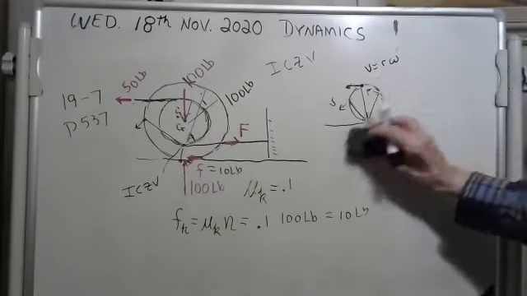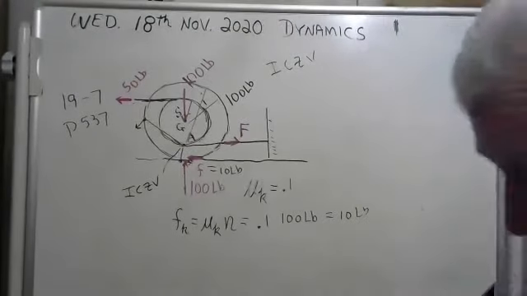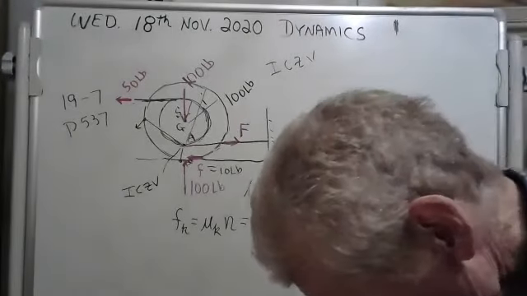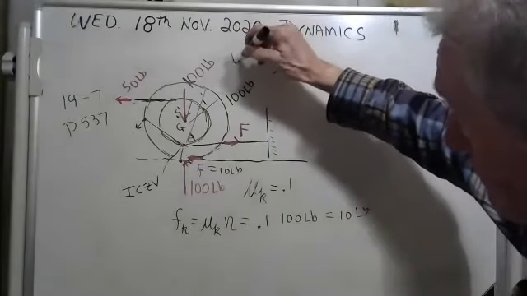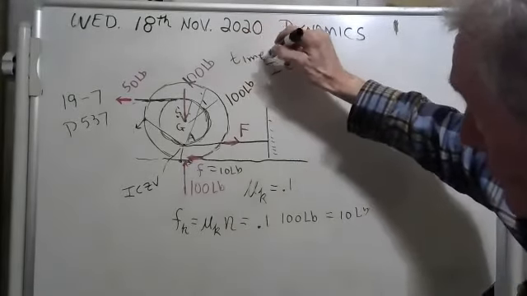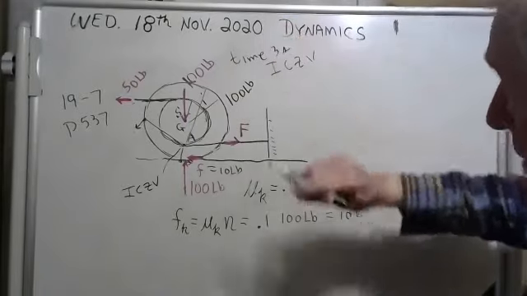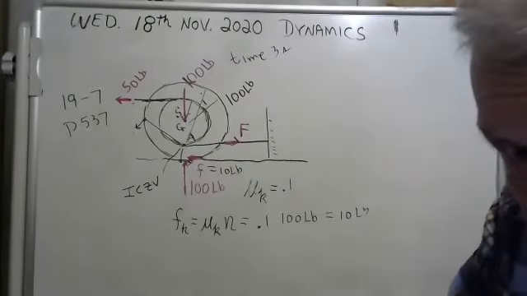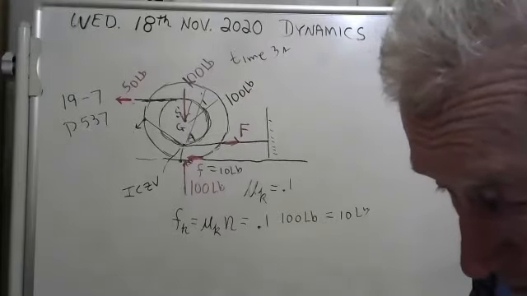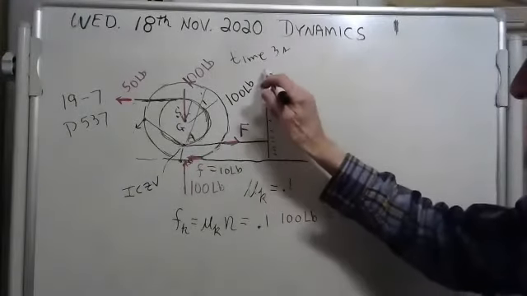Well, all right. Did they give you some time? They said, yeah, 3 seconds. When they give you a time of 3 seconds, guess what? You want to use impulse momentum, don't you? You want to use this one here.